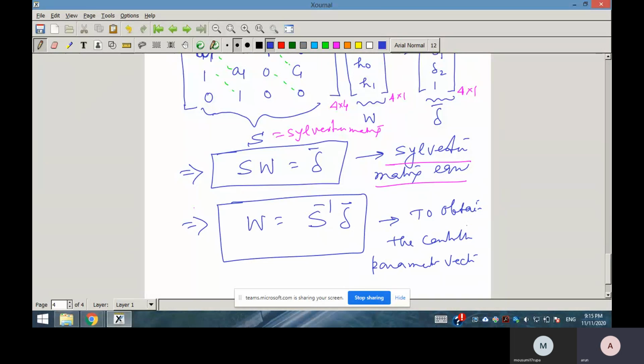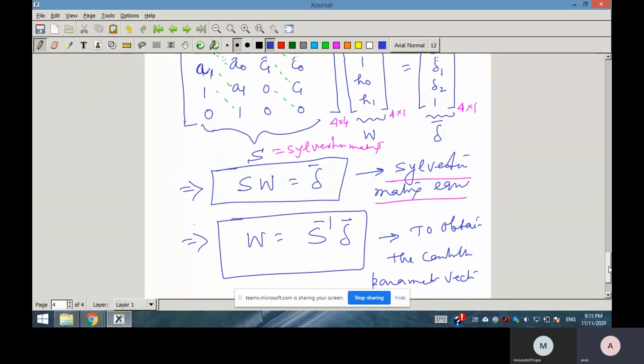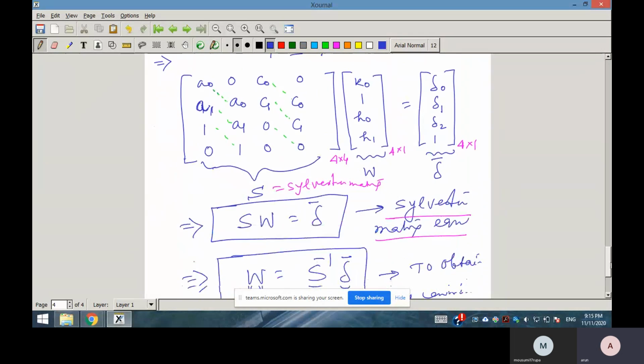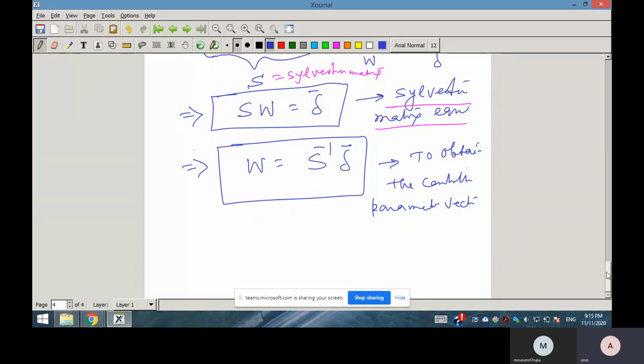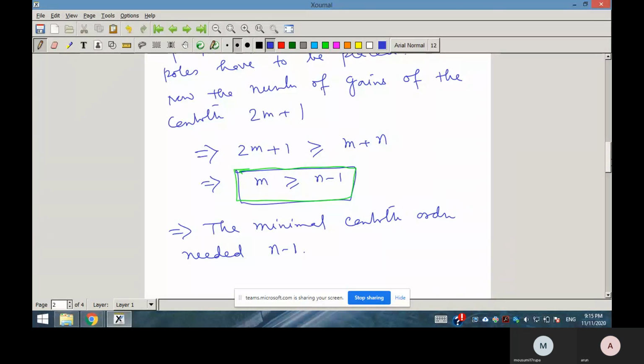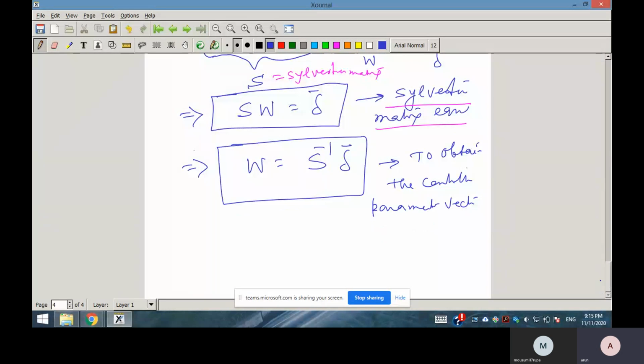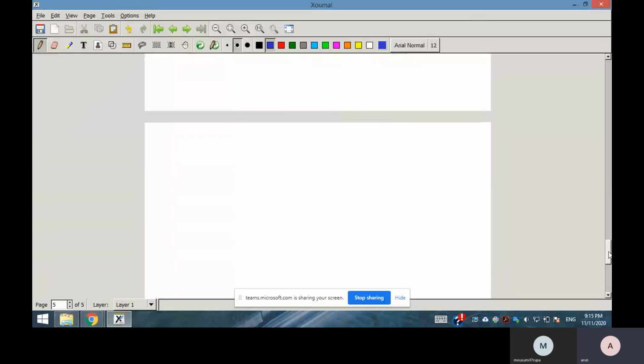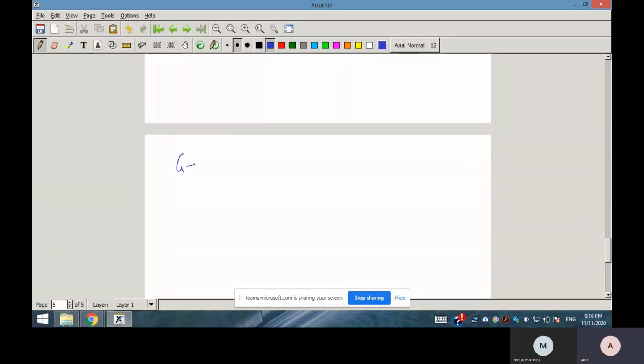So in this way, this method can be generalized to any order system. For example, if you consider an nth order plant, the controller order will be n minus 1. So if you consider that and follow this approach, then the general result can be written like this.